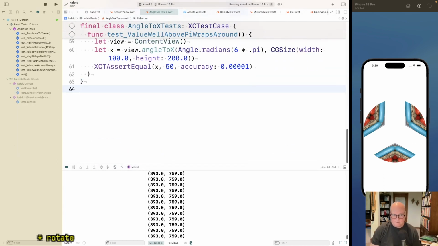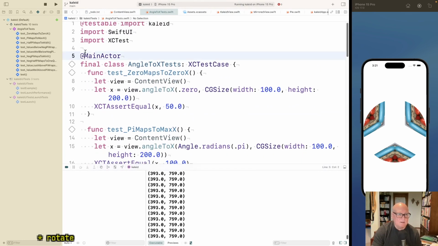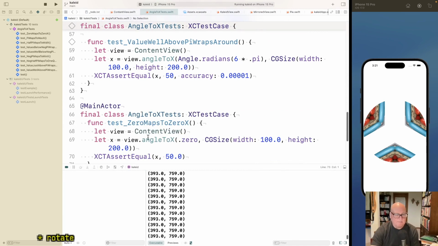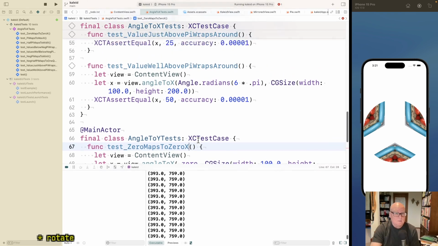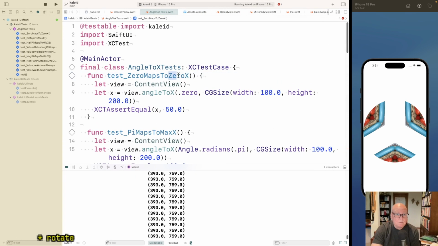And then I don't usually do this, but I'm going to put it in the same class. Same file. Angle to y tests. Okay. 0 maps to, well, that name was wrong there, isn't it? 0 maps to mid x.